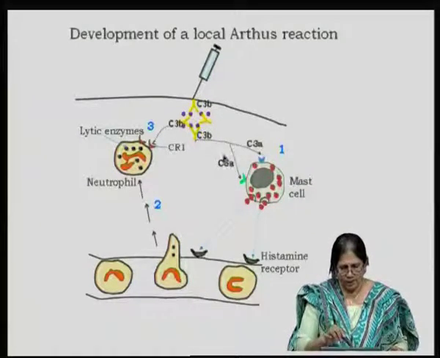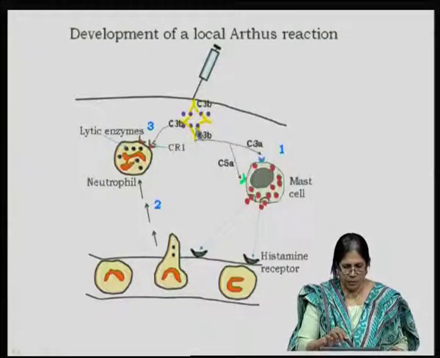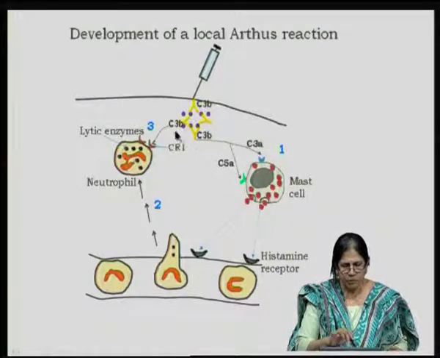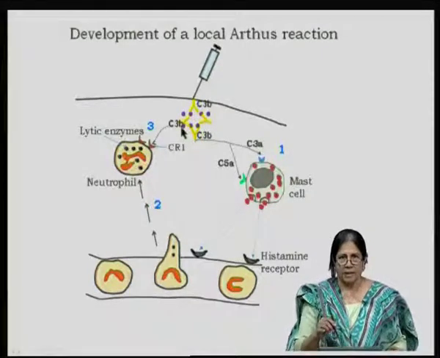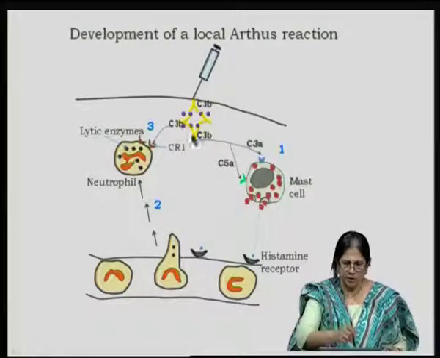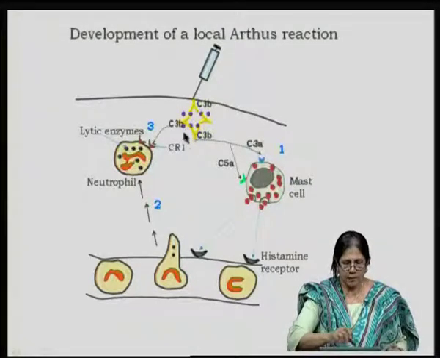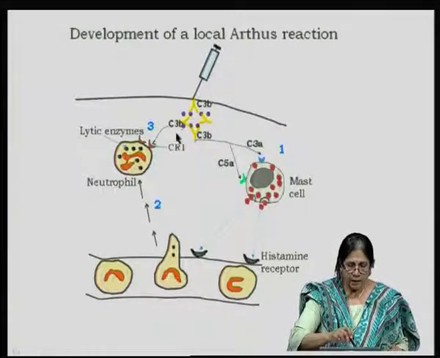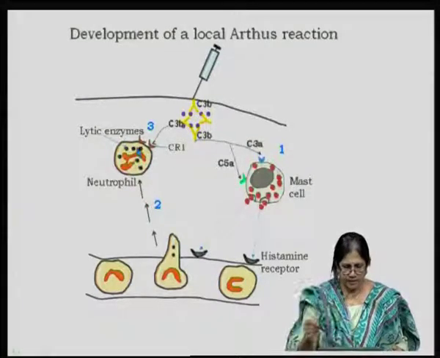Before that, because of this antigen-antibody interaction, the complement cascade gets triggered and you have deposition of C3b at that particular site where the antigen-antibody interaction has taken place. C3b binds to CR1 receptors which are present on neutrophils.